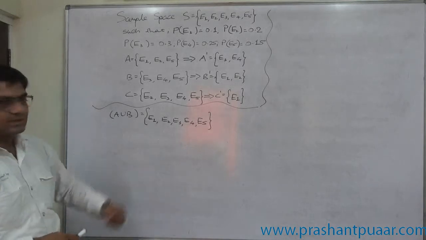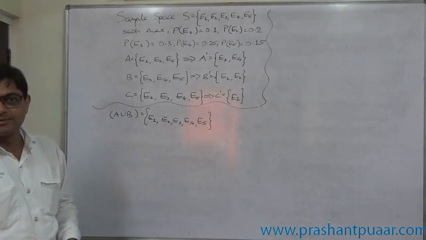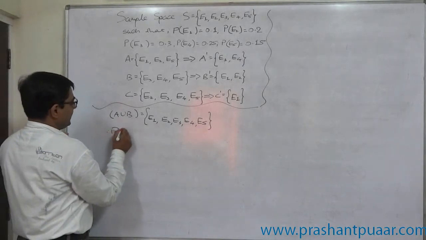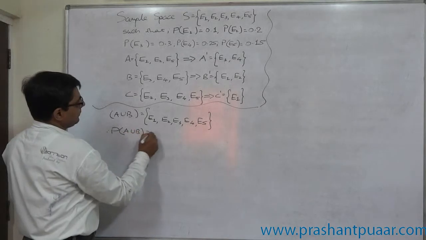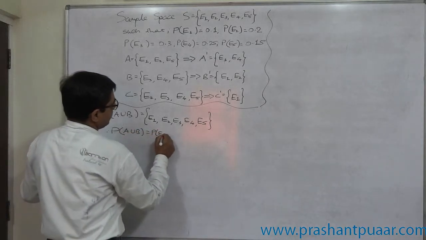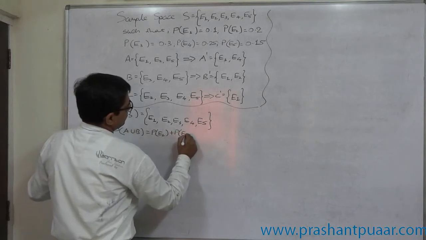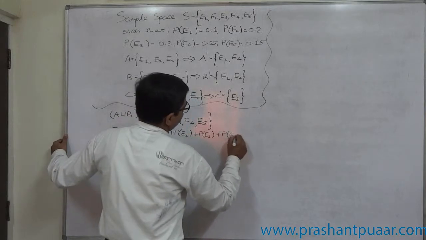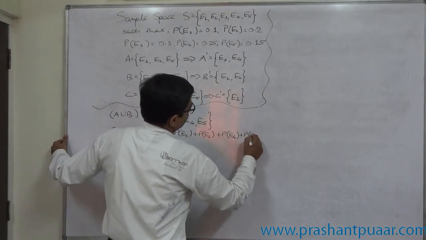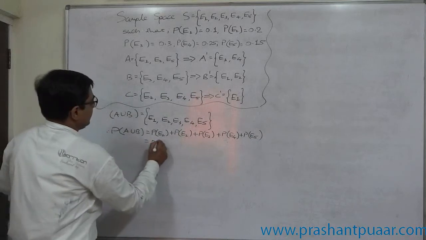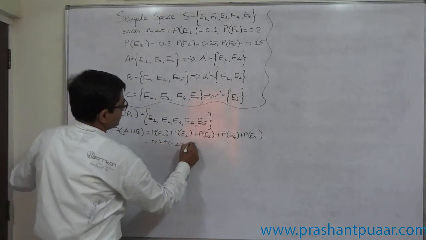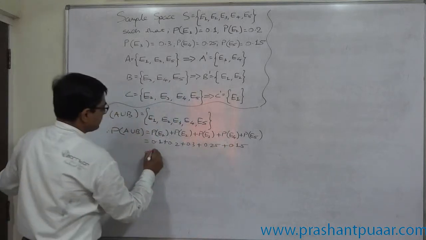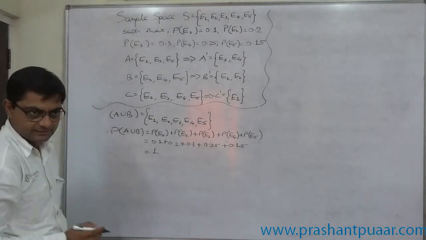That means A union B is a certainty. All 5 outcomes are there in the union of A as well as B. So P of A union B equals P of E1 plus P of E2 plus P of E3 plus P of E4 plus P of E5. Yes, 0.1 plus 0.2 plus 0.3 plus 0.25 plus 0.15. So it comes to 1. That is the case of certainty.